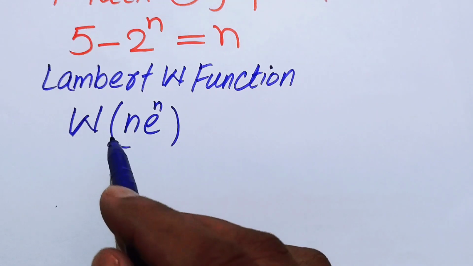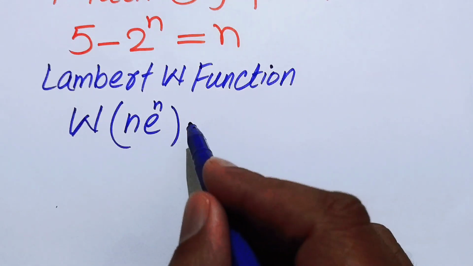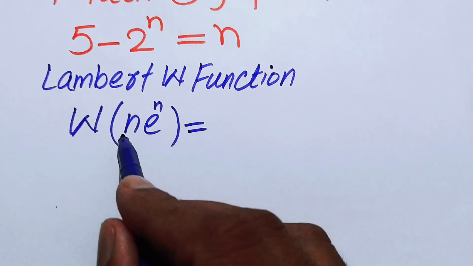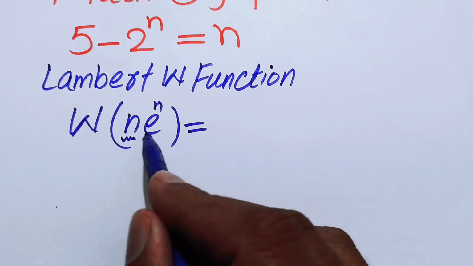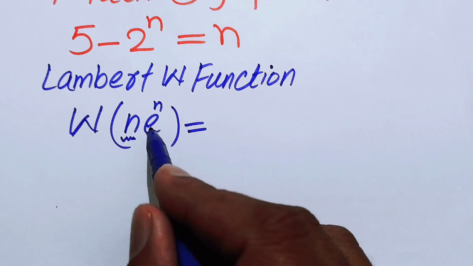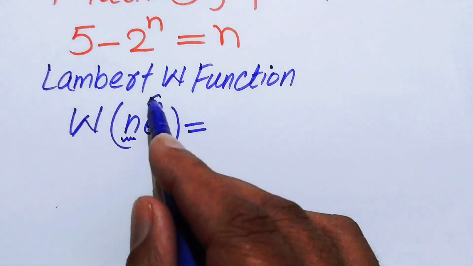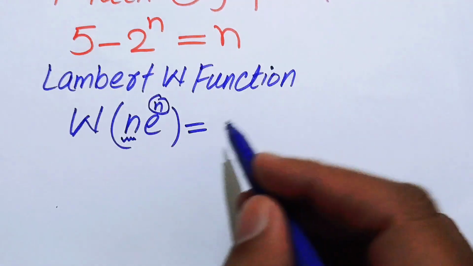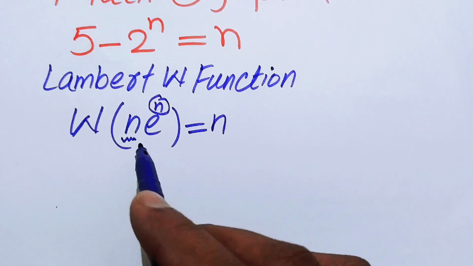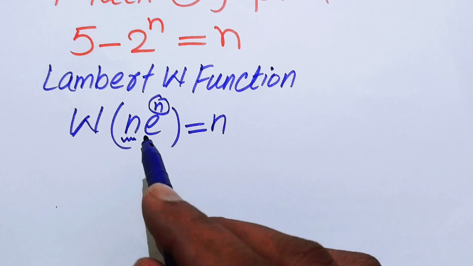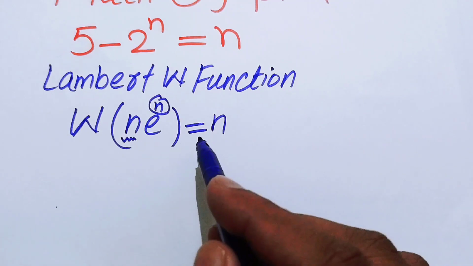If you have a function in this form, then its output will be the exponent of this e, so it is n.